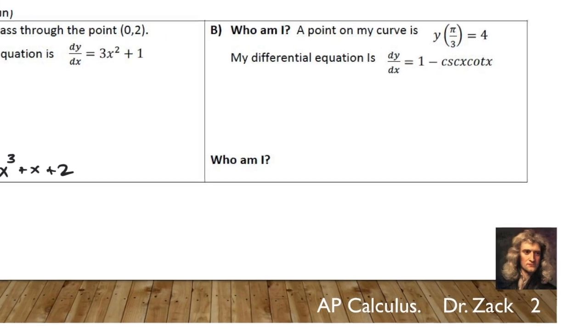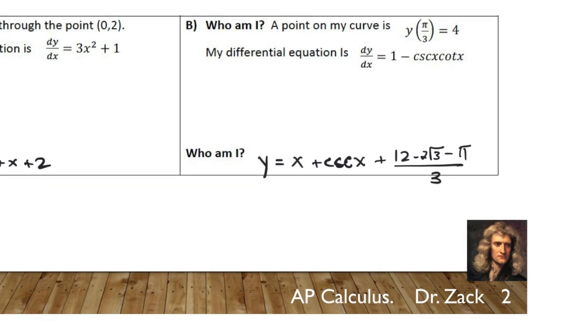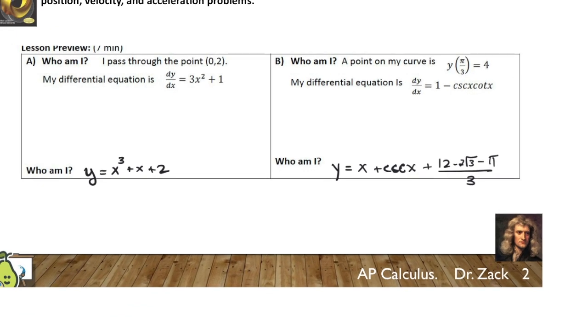And for question B, things got a little bit more intense. y equals x plus cosecant x. Don't forget that would be a positive cosecant x plus (12 minus 2 root 3 minus pi) all divided by 3. Now, if you weren't able to figure those out, that is why we will discuss examples 1 and 2.